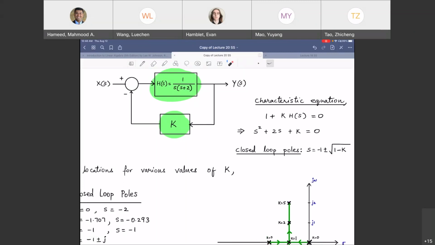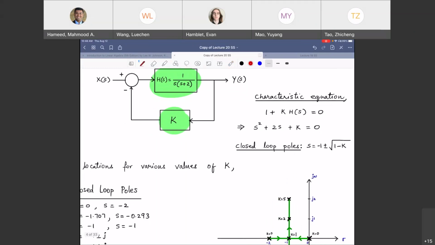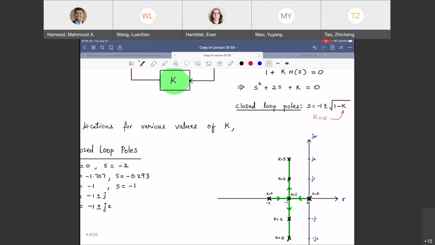So let's try to take a look at some values. When K is 0, what happens there? Plug in K equals 0 here. What do you have? Negative 1 plus 1, 0, right? So when K is 0, you get this particular point.